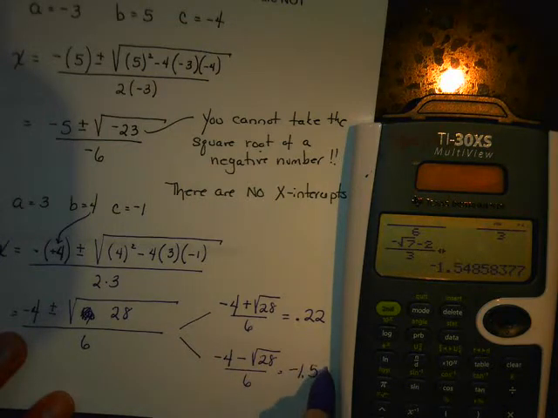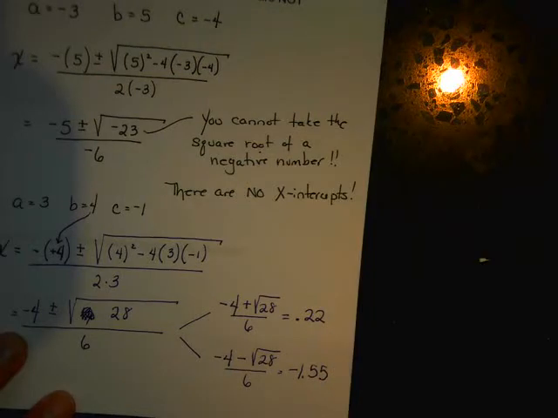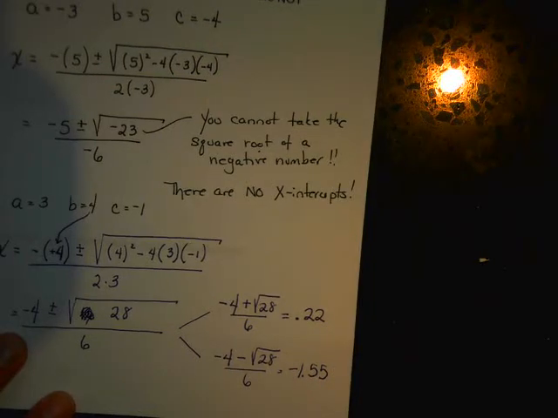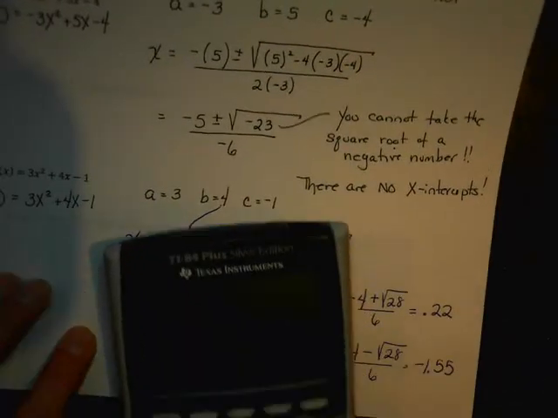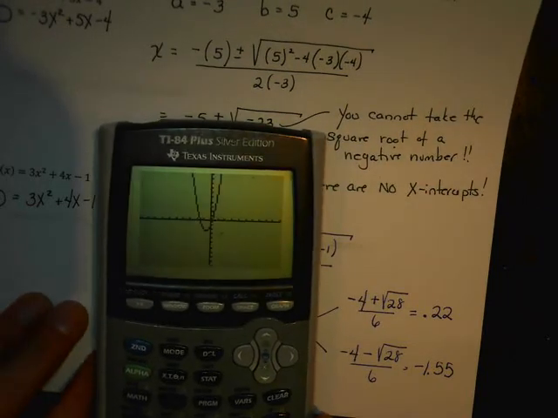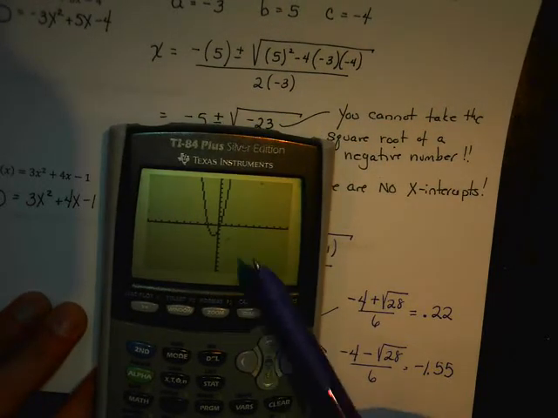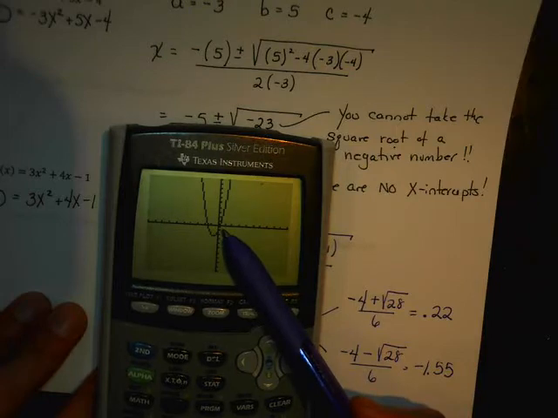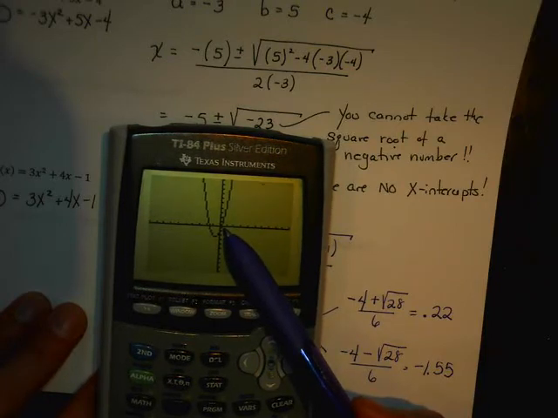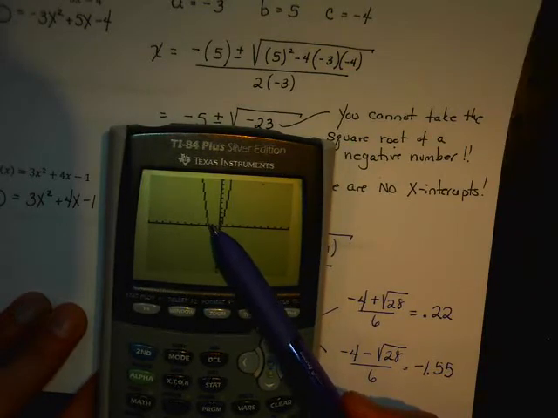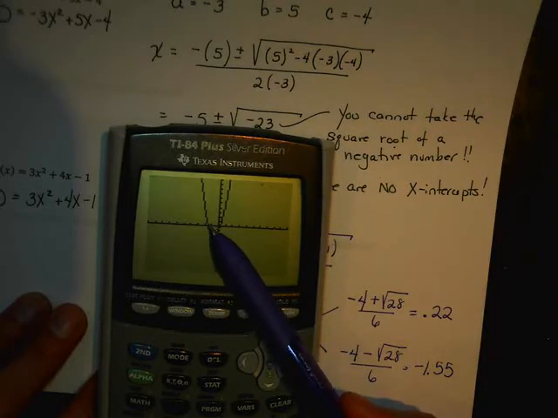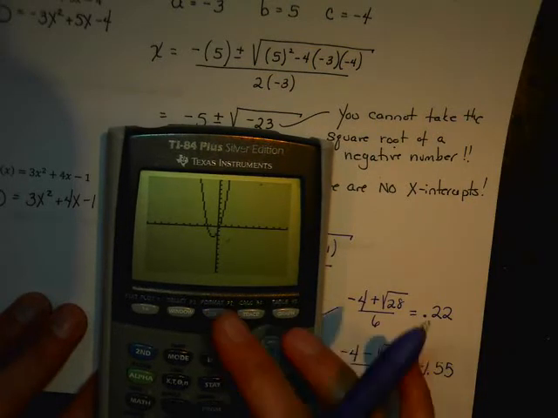And you know what? If we look at the graph of this, I know we're not using graphing calculators yet, but you can kind of see that, right? So the one on the right must be the 0.22, and this is definitely between negative 1 and negative 2. Like it almost looks like it cuts right through the middle. Here, I'll zoom in on it a little bit.